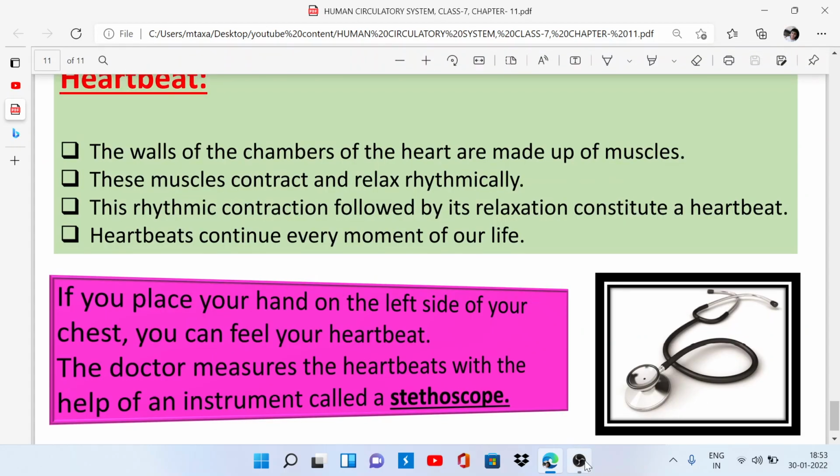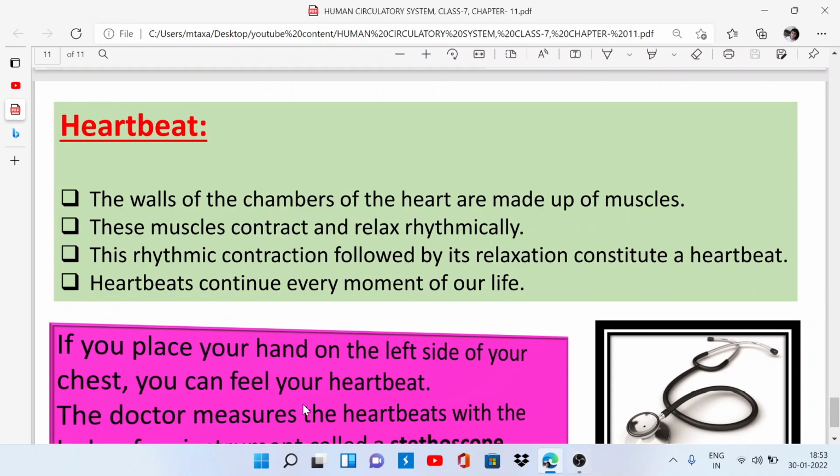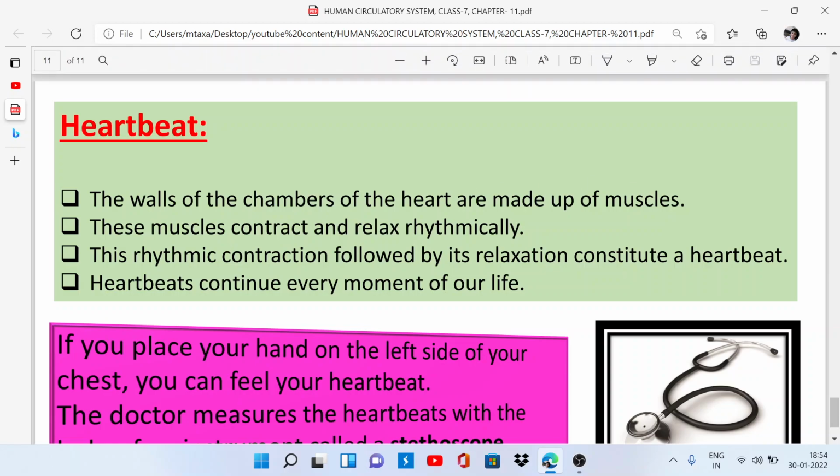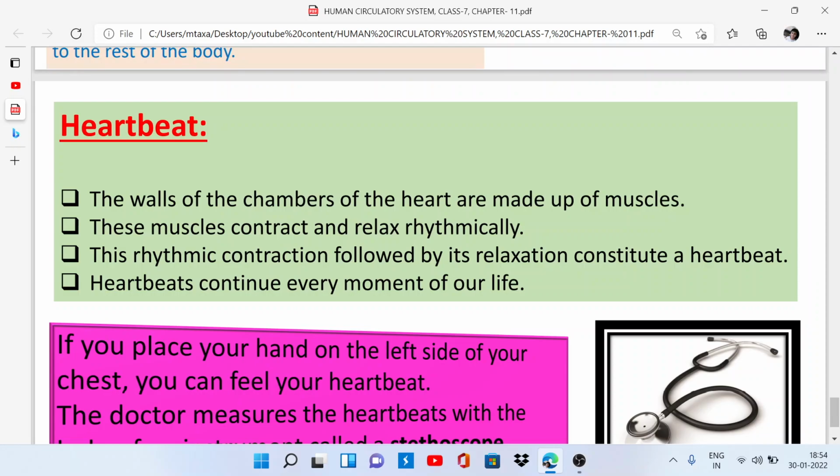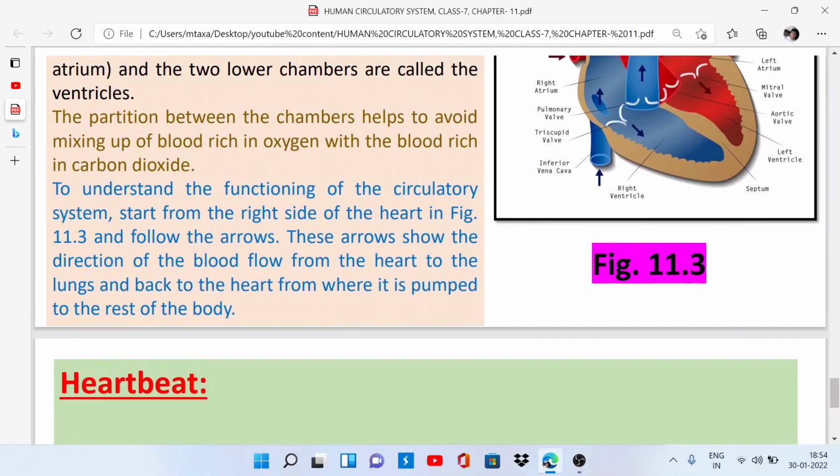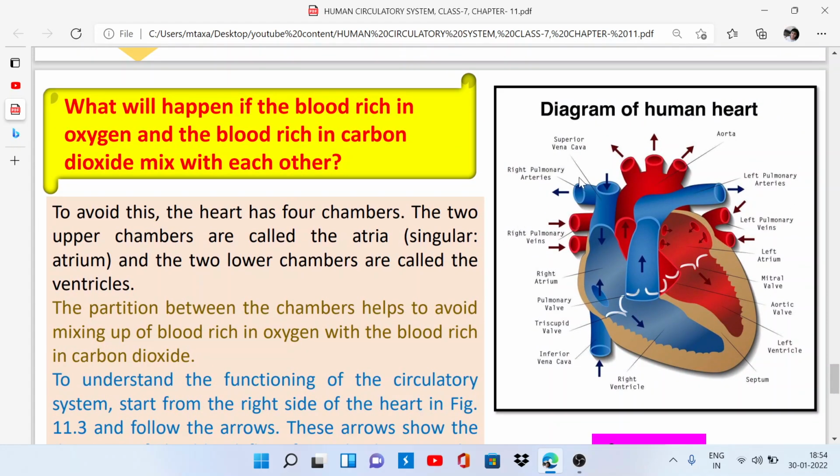Now come to the last section of this part, that is heartbeat. We know the walls of the chambers of the heart are made up of cardiac muscles, and these cardiac muscles contract and relax rhythmically. Here we can see when the blood comes to this left atrium, this left ventricle is in a relaxing position.